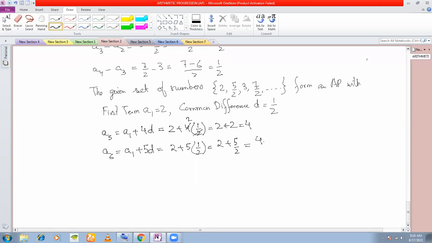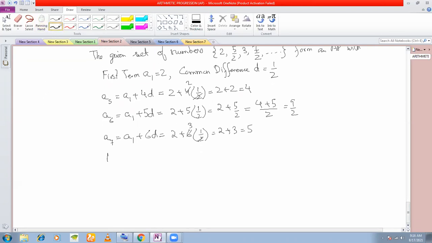Take the LCM. You get 9 by 2. A7 is A1 plus 6D. 2 plus 6 into half. Cancel here. Get 2 plus 3, which is 5. So we found the next three terms also.